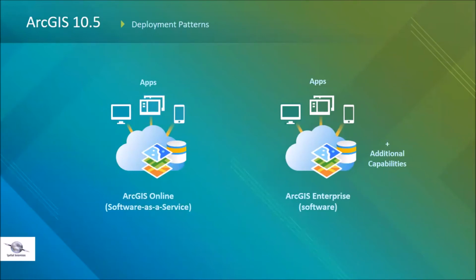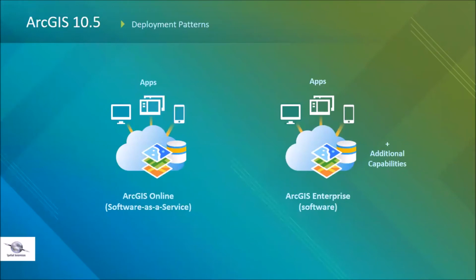The first is our software as a service model, ArcGIS Online, which is a cloud service where Esri manages supporting infrastructure and service level agreement with you. The second is ArcGIS Enterprise, where you manage the infrastructure, which can be on-premise or on the cloud. The third option is a combination of the two, and this is considered a hybrid approach.